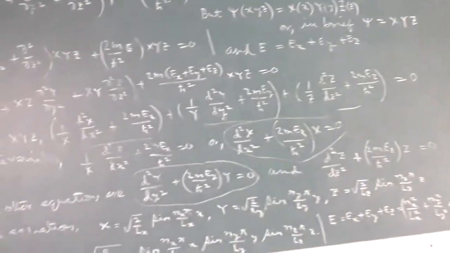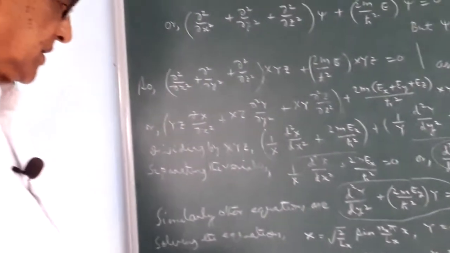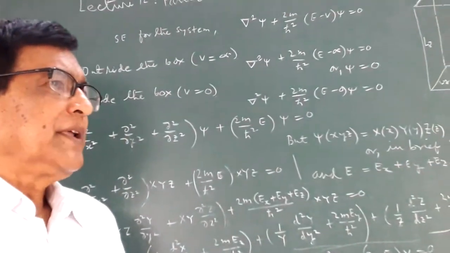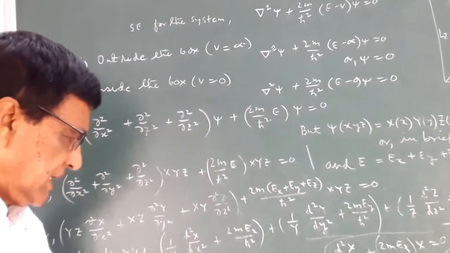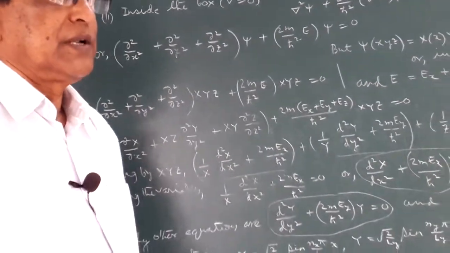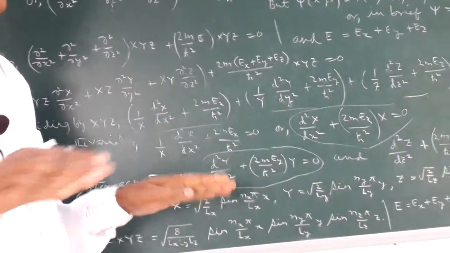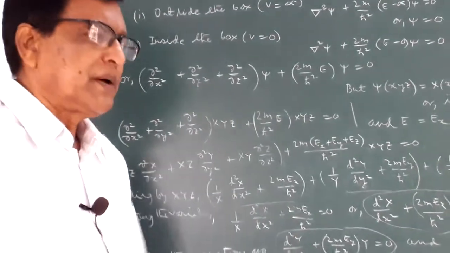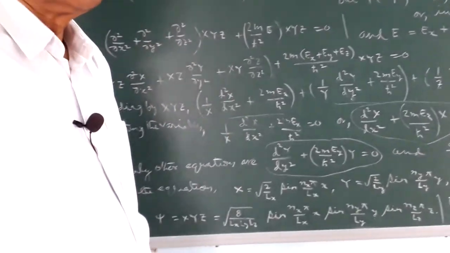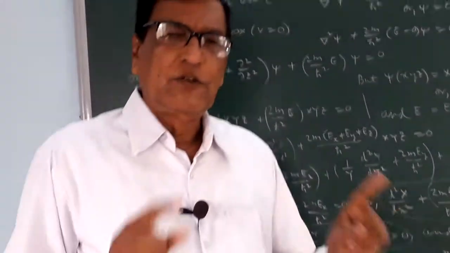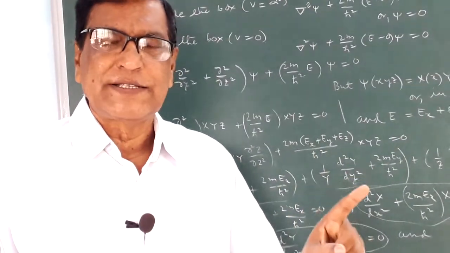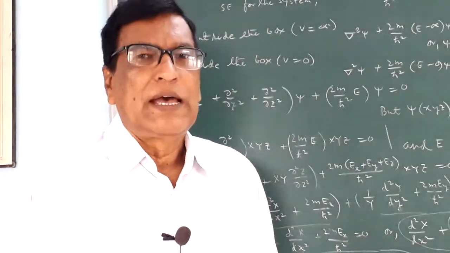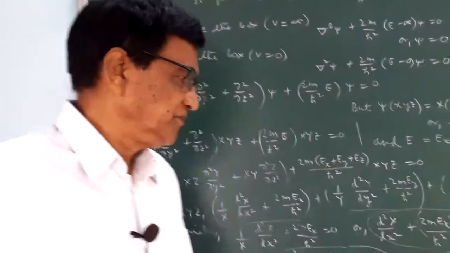So it is saying that to describe this wave function for the particle in 3D motion, three quantum numbers are required: one along the x direction, along the y direction, along the z direction, and all these quantum numbers will have the values 1, 2, 3, 4, etc., any positive integer excluding 0, as we have shown earlier.